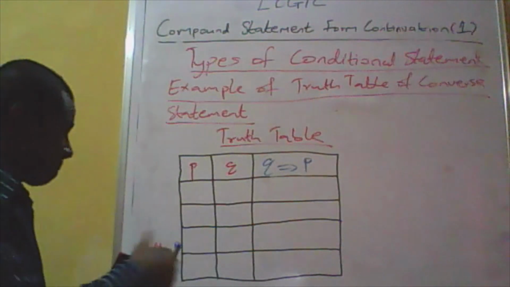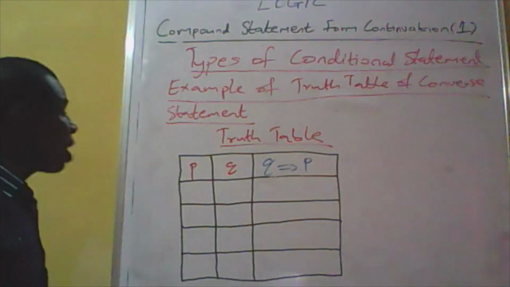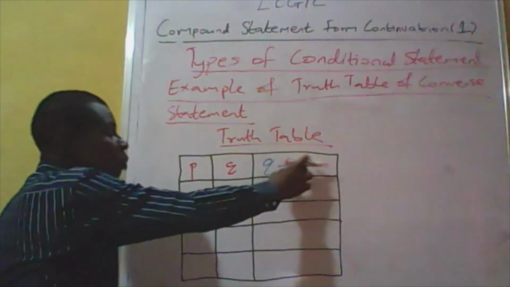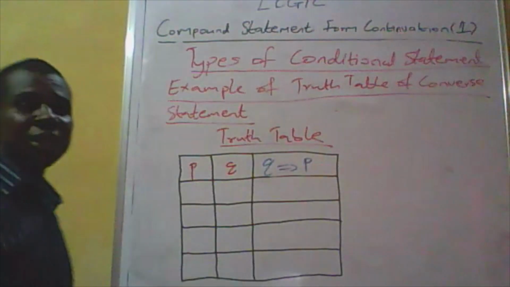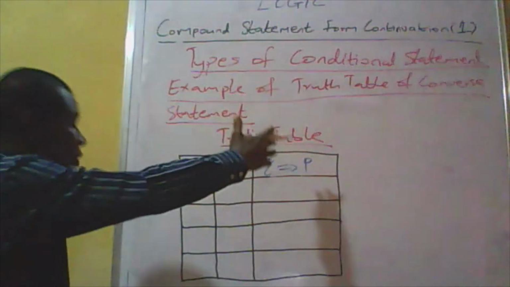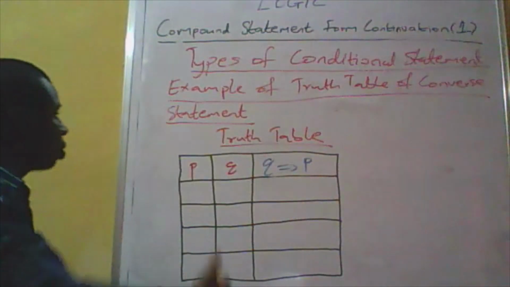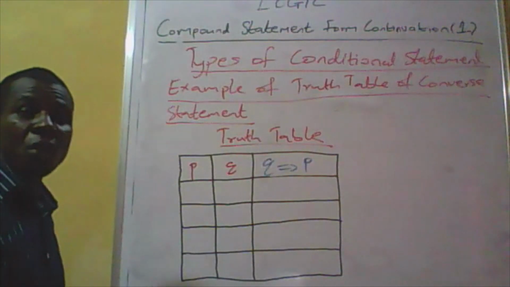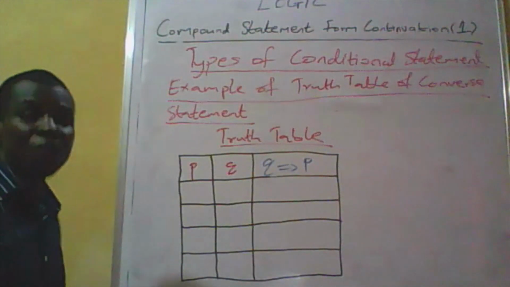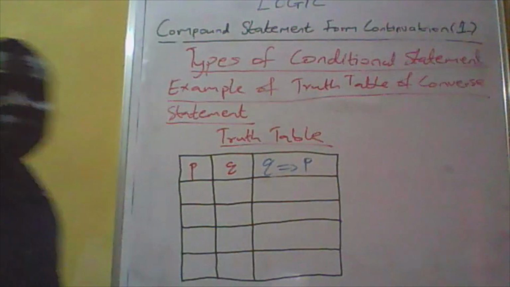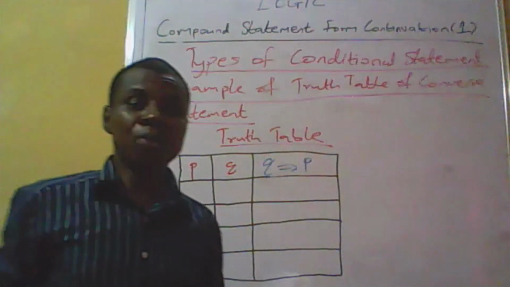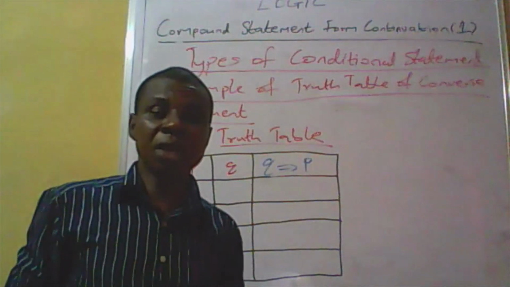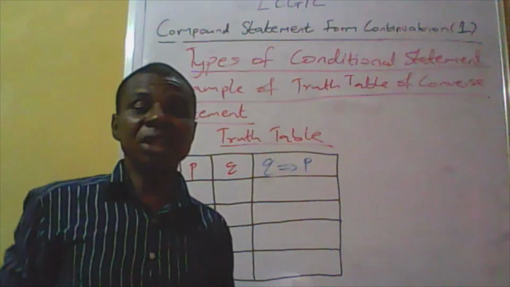So, since we have two simple statements in the statement form called the converse statement, that means we are going to have 4 rows, because we know that our formula for determining rows in a truth table is 2 power n. Then our n here is equal to 2.